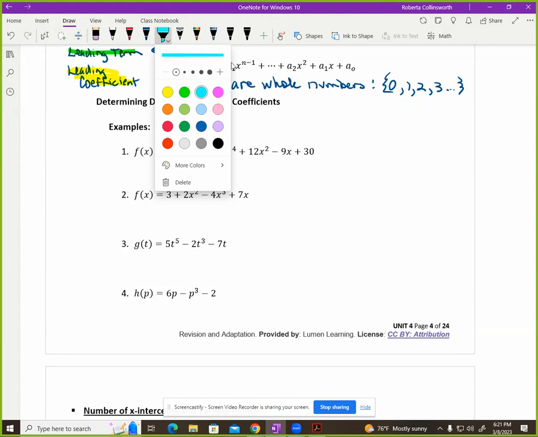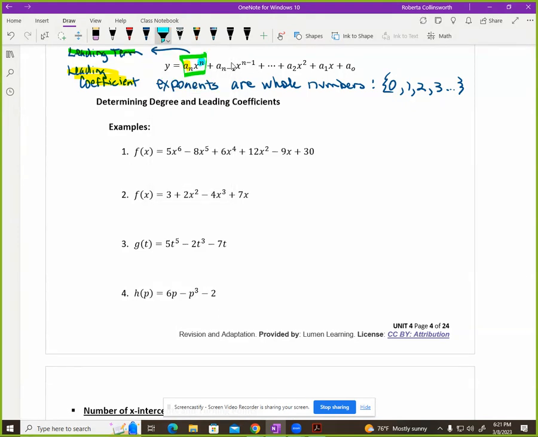And then this exponent right here, that is the degree of our polynomial. That's the highest degree, I should say highest.